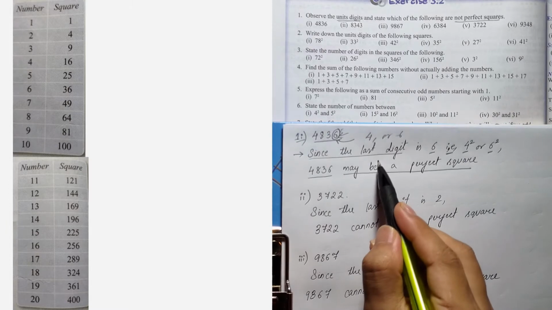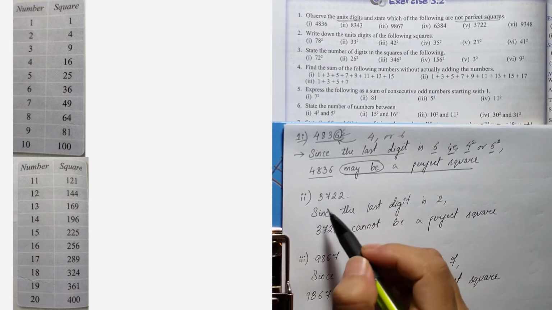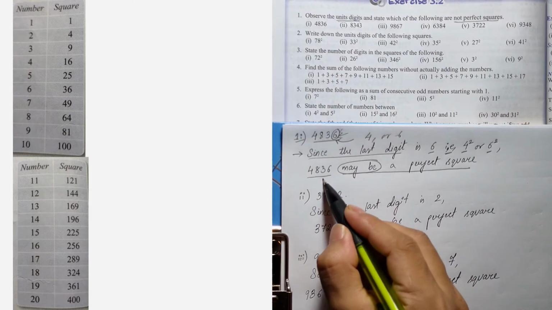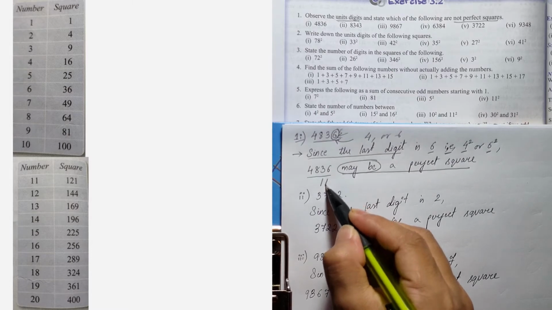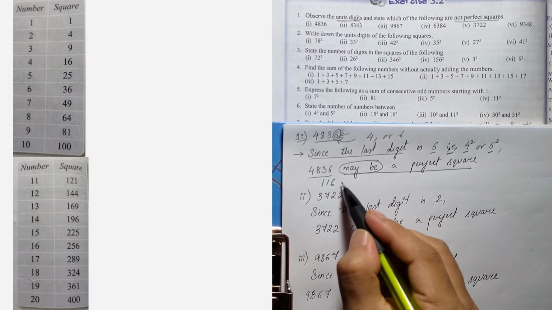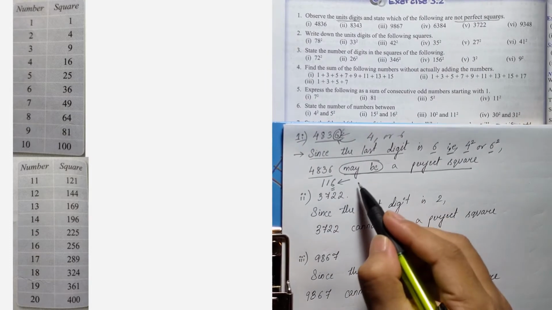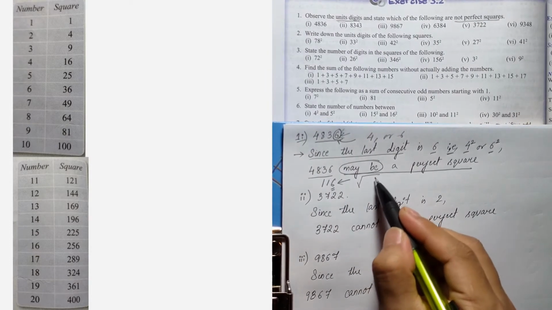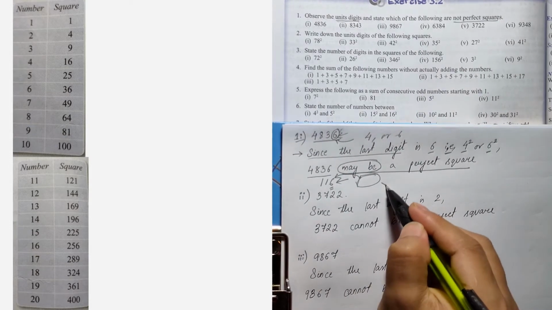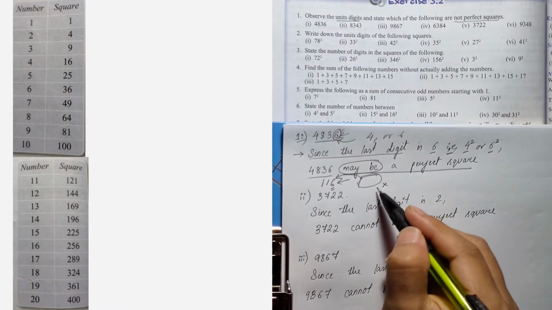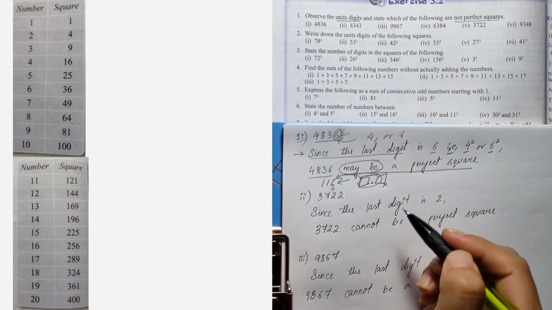Now understand this, we write may be because it is not sure that it will be a perfect square. For example, 116. Now you see 116 ends with 6. But its square root, or the number that is to be squared in order to get 116, is not an integer. That means there will be a decimal in the number.